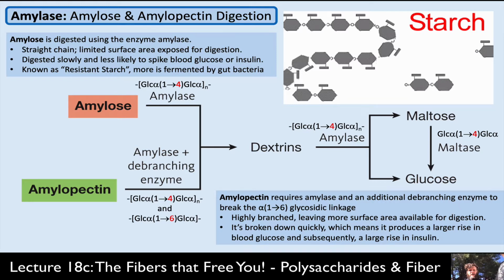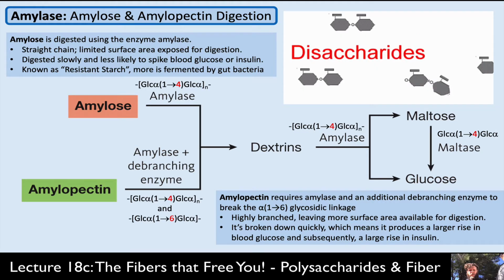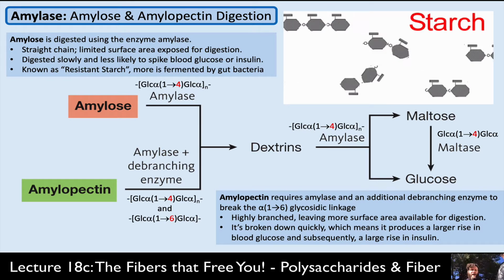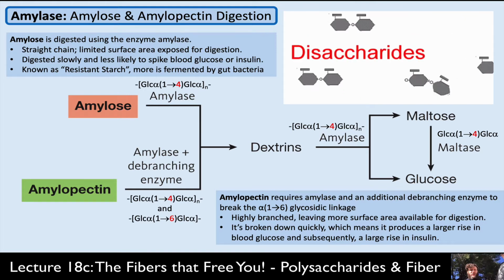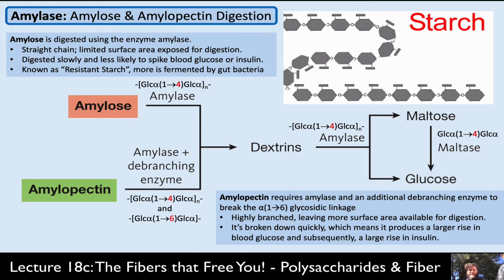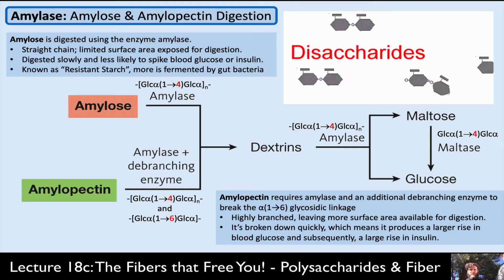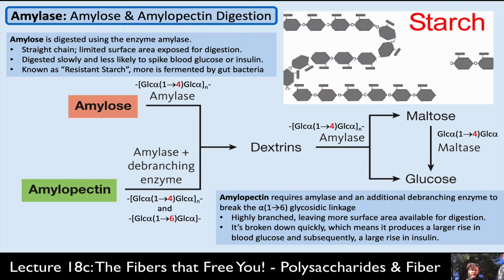Because of that, it's broken down more quickly and leads to a quicker spike in your blood glucose. Foods that have more amylopectin versus amylose are going to have a higher glycemic index. And in general, that ratio of amylose to amylopectin is going to dictate the relative glycemic index of the food that you're having.